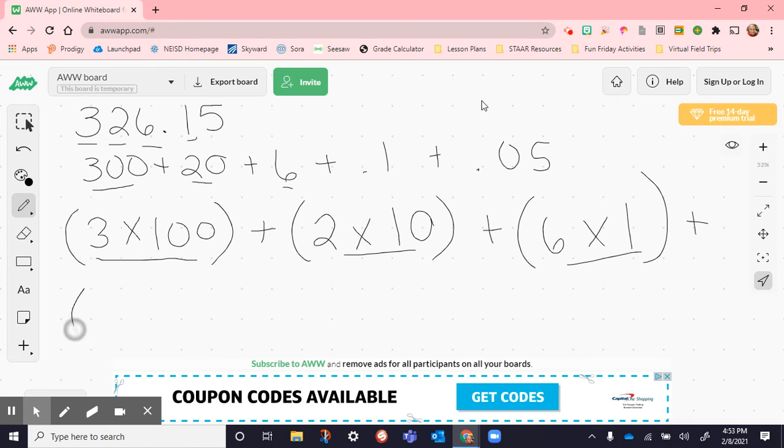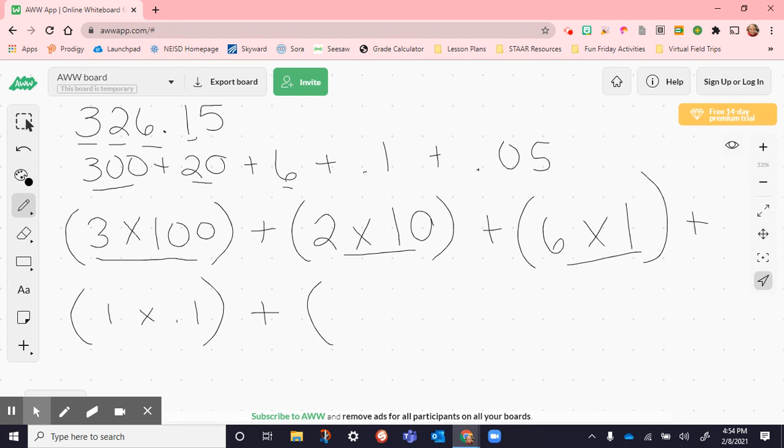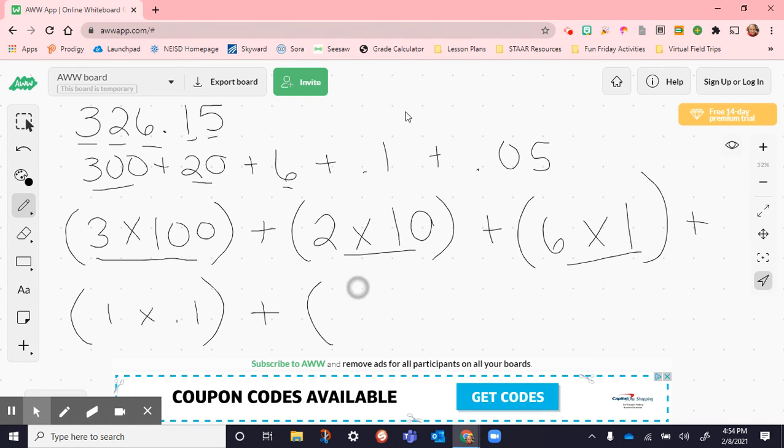All right, so next digit, I'm at the 1. To get the 1 in the tenths place, I take the 1 by itself and multiply it by 0.1, and that gives me the 0.1. Because remember, whenever you multiply something by 1, you get the same thing. Now, plus, I'm going to take my next digit, 5, and multiply it.